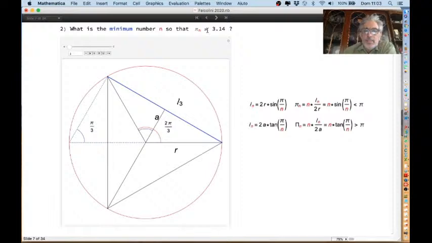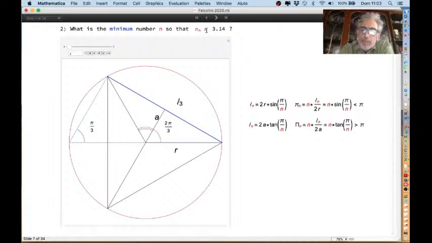Somehow this is a question which can be related to how good 3.14 is, from the visualization point of view, as an approximation to pi.